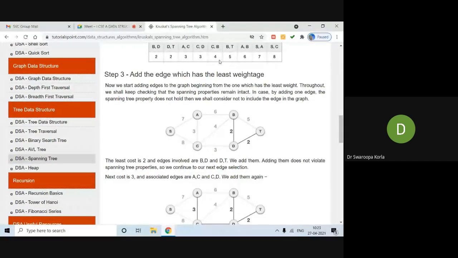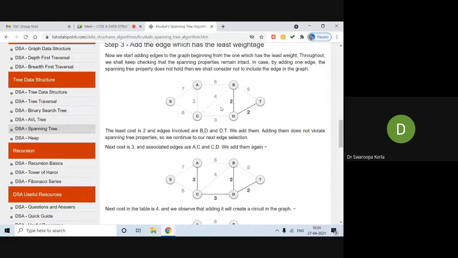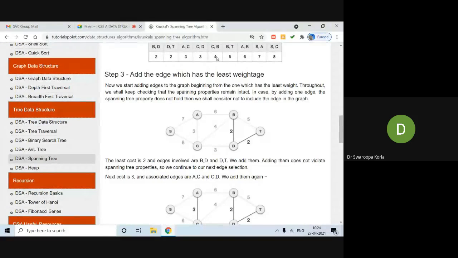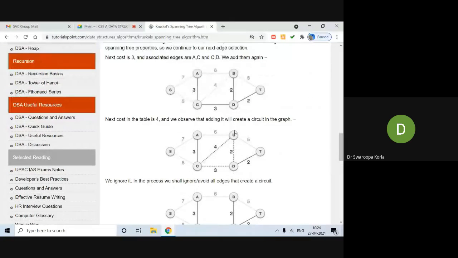That is 4. See, now you need to take a lot of care. If I add, observe here, if I am adding B to C, this entry, step 2 entry, C to B or B to C, that is 4. See, if you are adding this, what happens? It forms a closed loop.